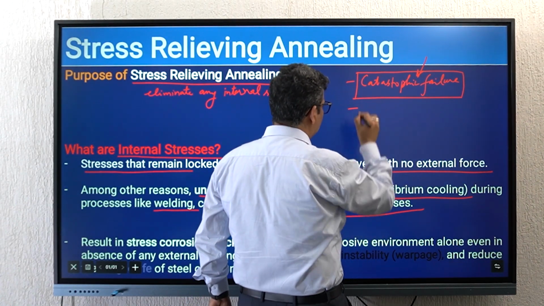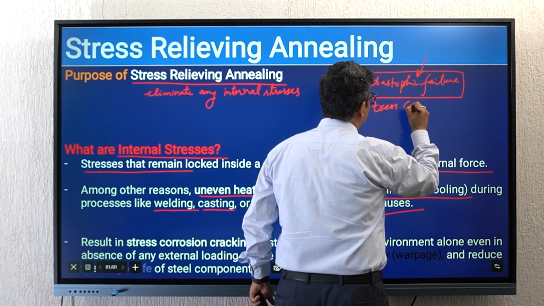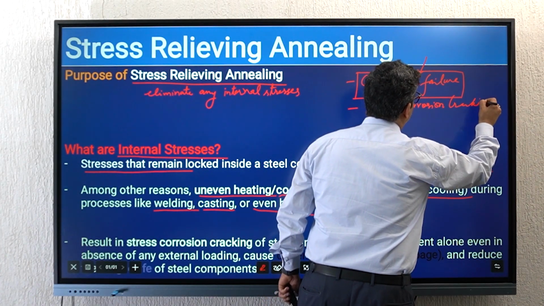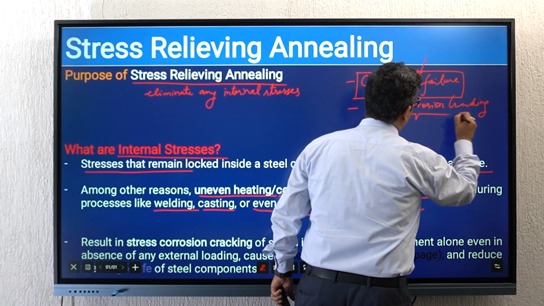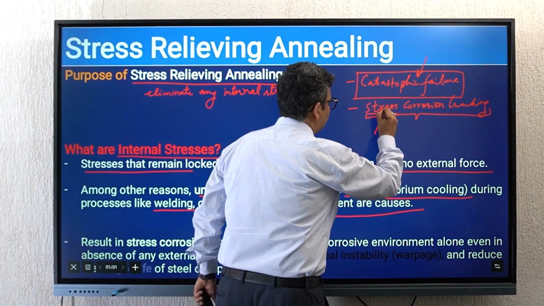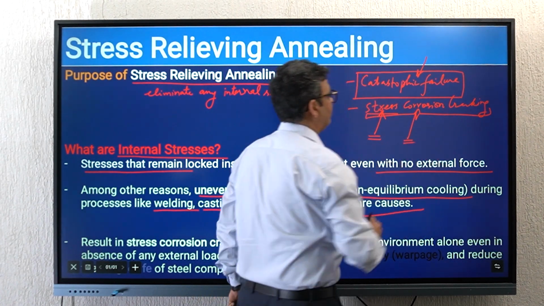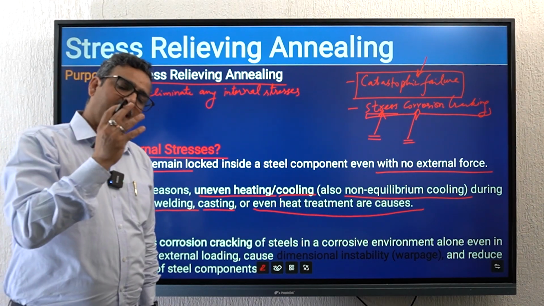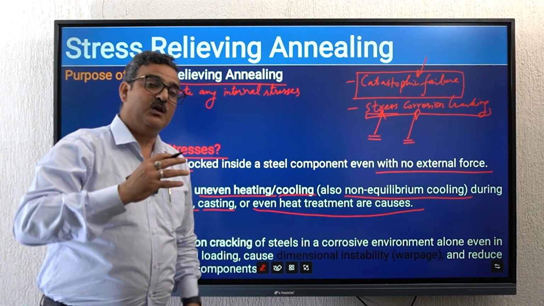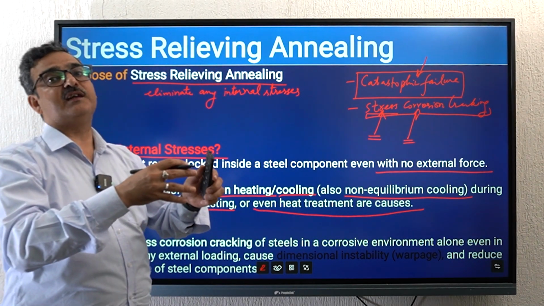But if we break it down into smaller things, there is a failure mechanism called stress corrosion cracking. As the name tells you, this is a phenomenon where a material fails when an external force is applied on it, which leads to some stress in it, and the material is also placed in a corrosive environment. So a material fails by this mechanism when both some stress and a corrosive environment act on it simultaneously.